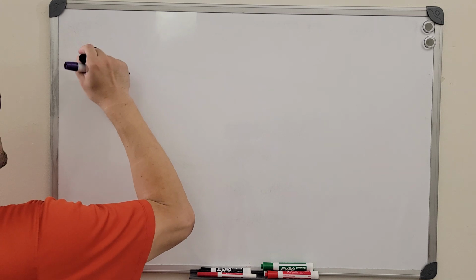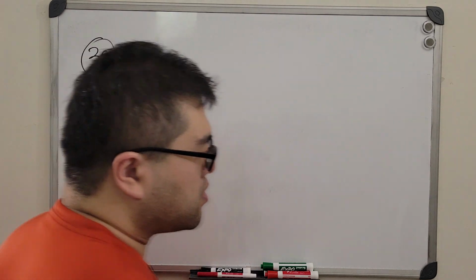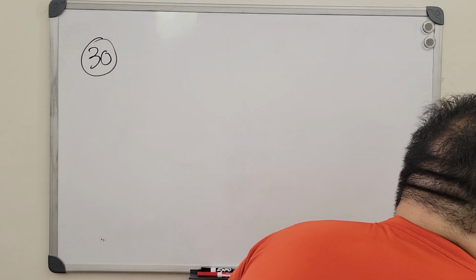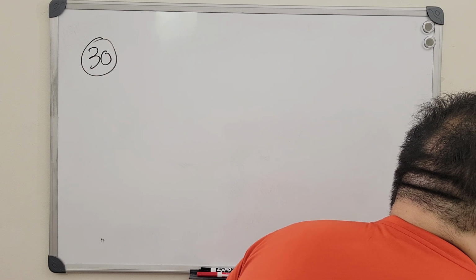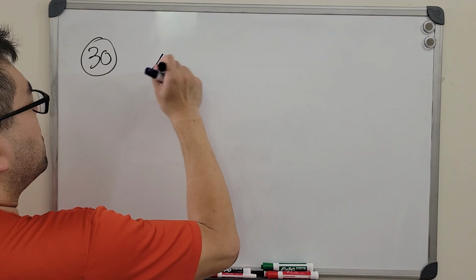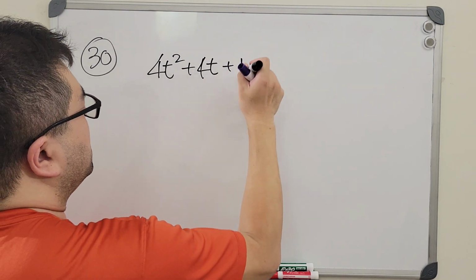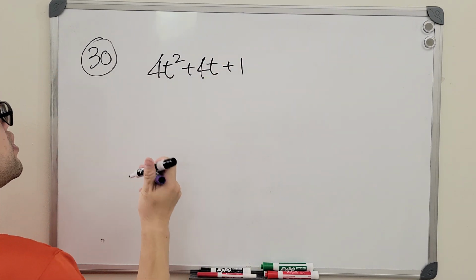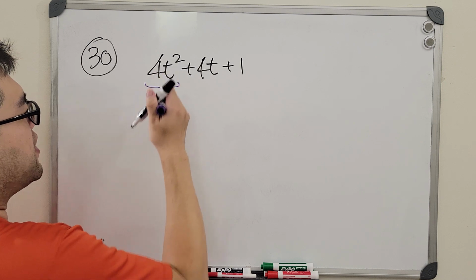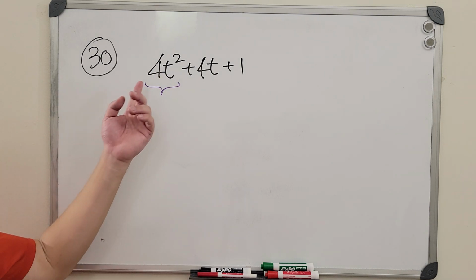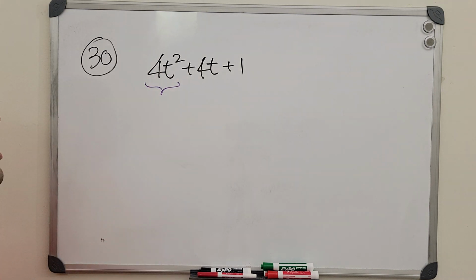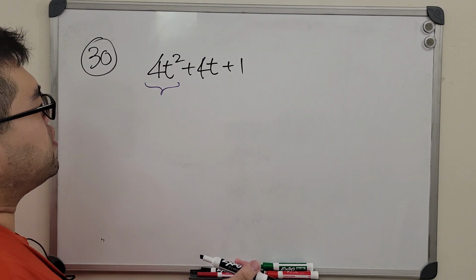So problem 30. 4t squared plus 4t plus 1. So this time we don't have something that is x squared or y squared anymore. This time we have a leading coefficient.